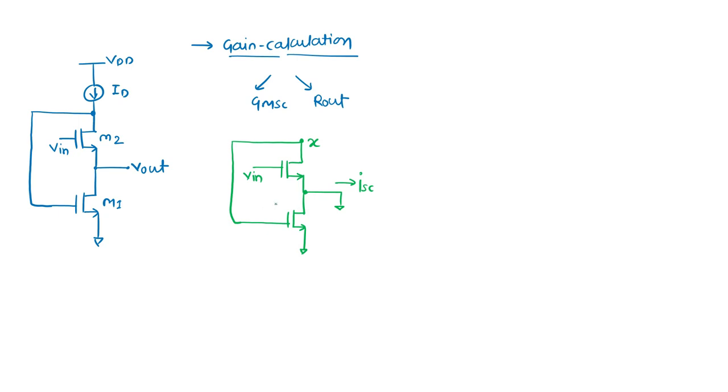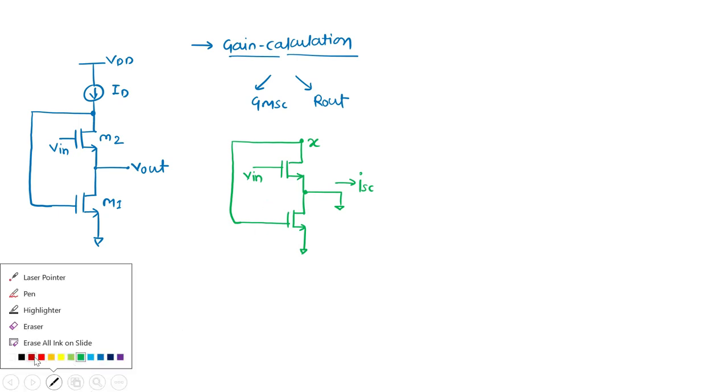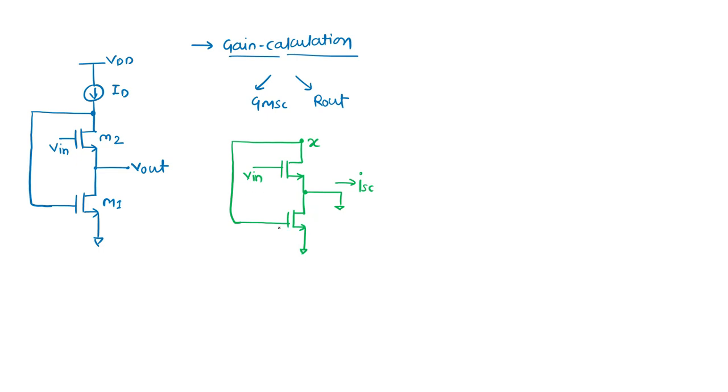For the lower device M1, this Vx is applied here, so one current component across this device is GM1 Vx. Is there any component including RDS of 1? No, because VDS is zero; your source and drain are both at zero. So only one current component is there.